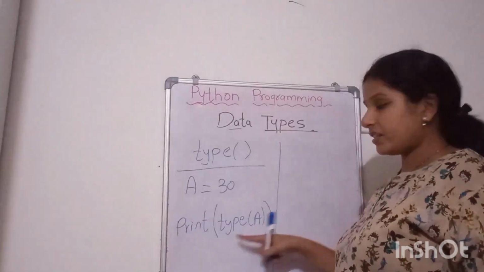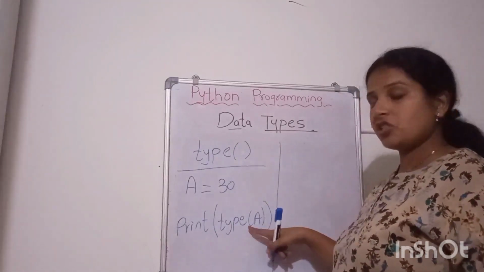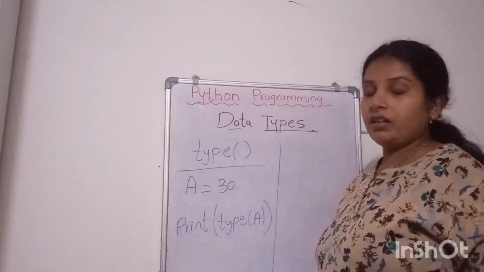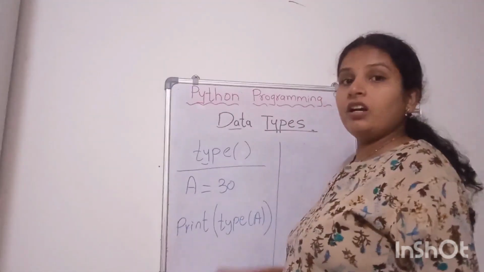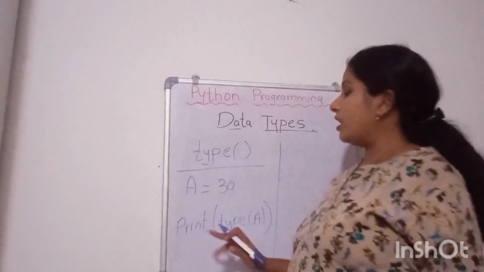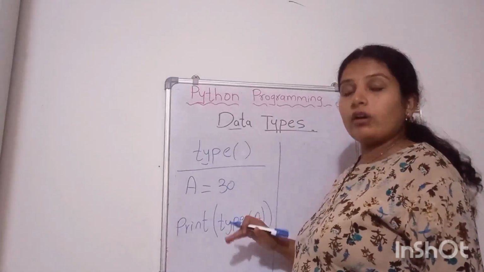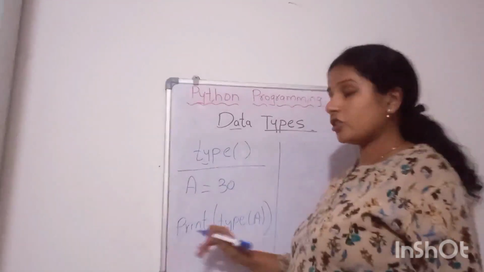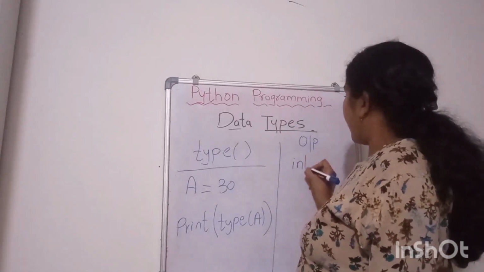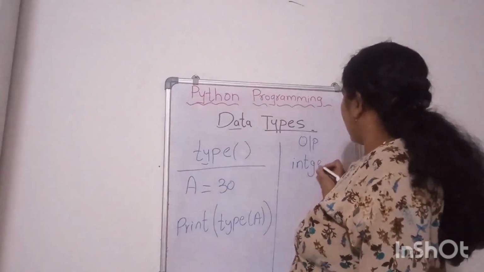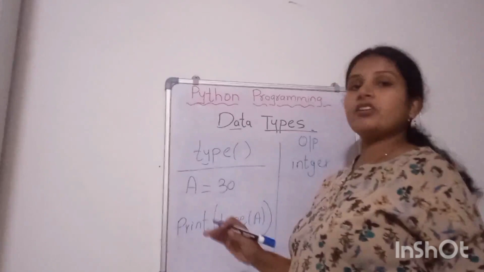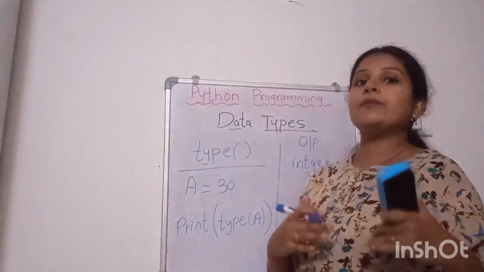The first bracket is for the type function and the second, outer bracket is for the print function. And yes, you can do that. You can include any function in print to display the result. Since I am calling the type function inside the print function, in the output window I get the result as int, integer.